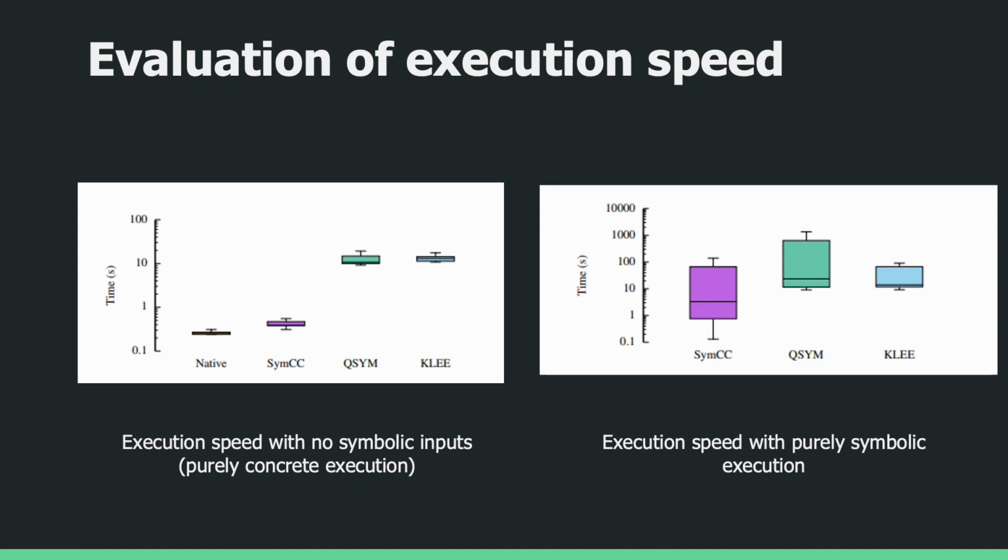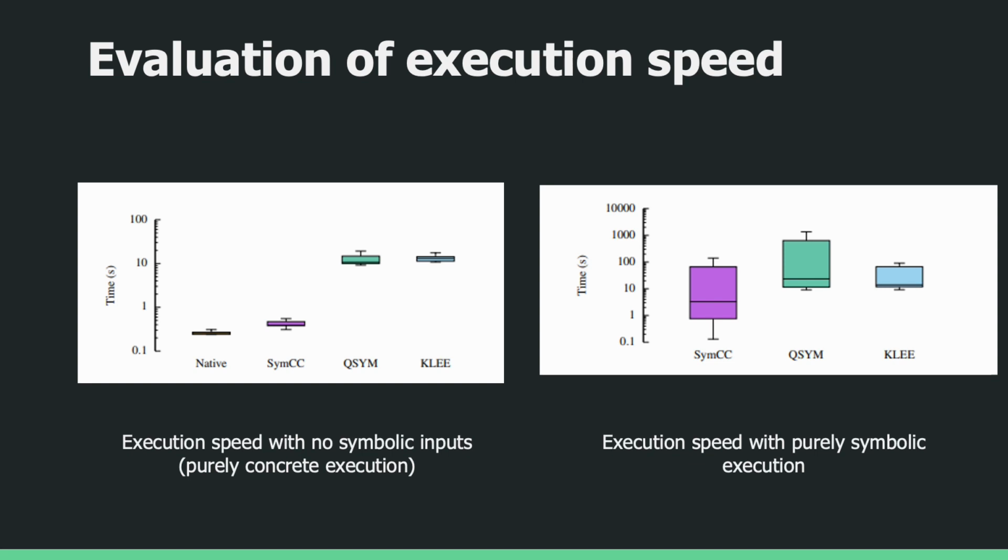So we want to see how much overhead compile-time symbolic execution adds compared to runtime symbolic execution. That is, when we are doing concrete execution, it should be as close to the native execution speed as it can get. You can see that around 40 programs were taken as the test bench, and the range of run times for SymCC is very close to the native execution speed.